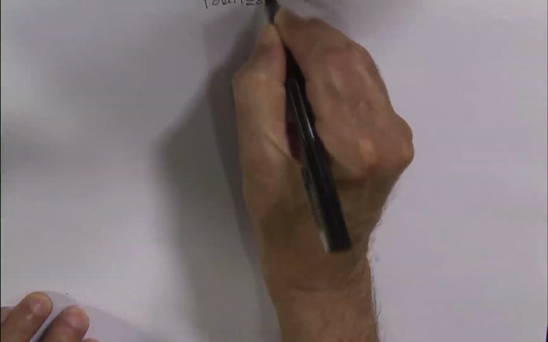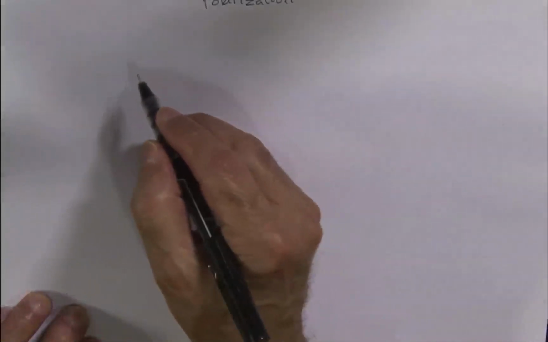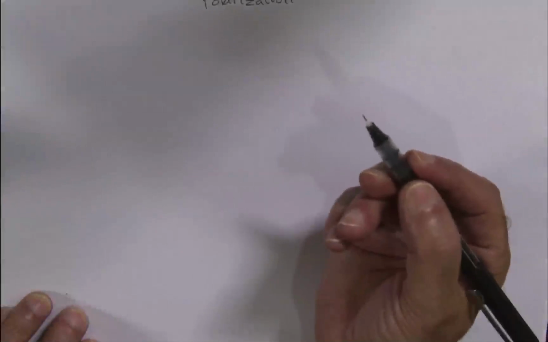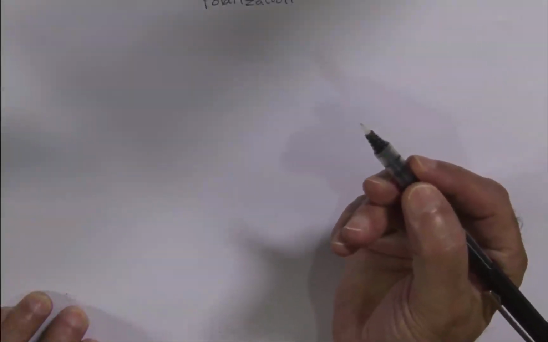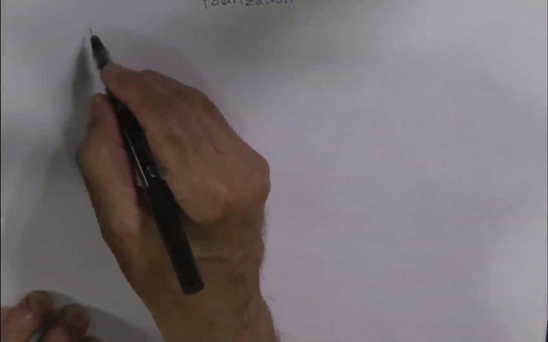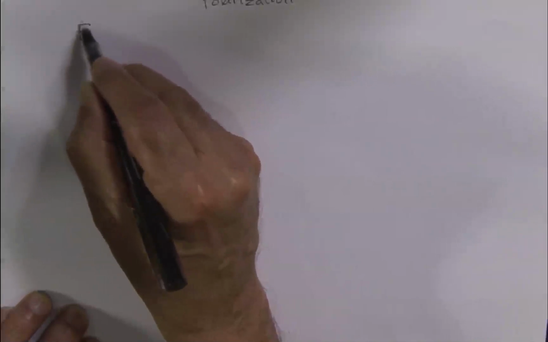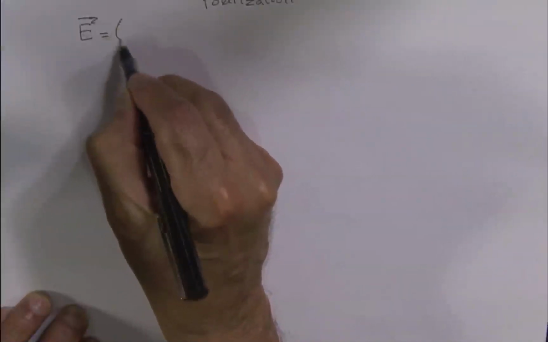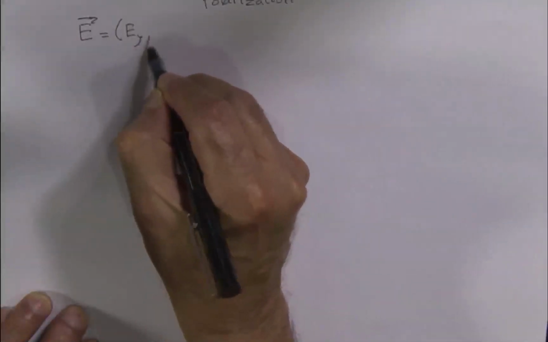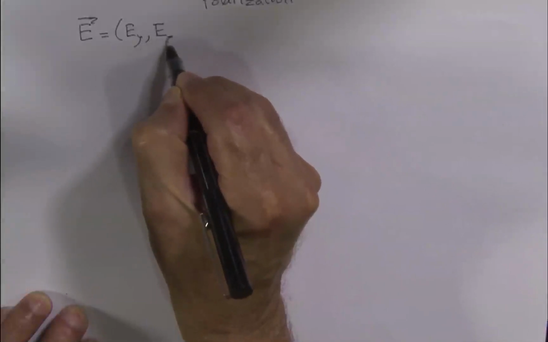So the polarization, you remember, is just the electric field's direction. But then anything that has direction can be represented as a vector. So the electric field is actually a vector. It's got components Ey and Ez.